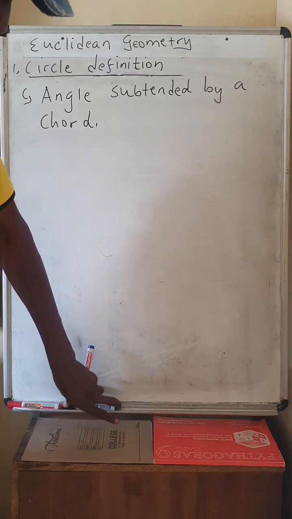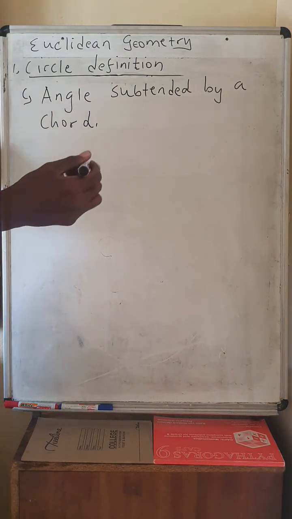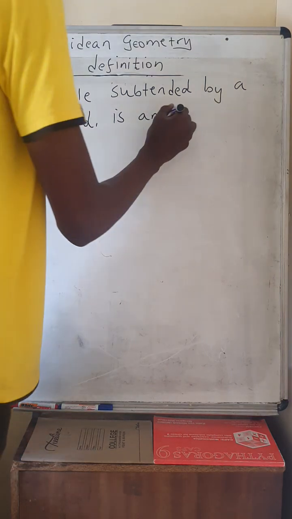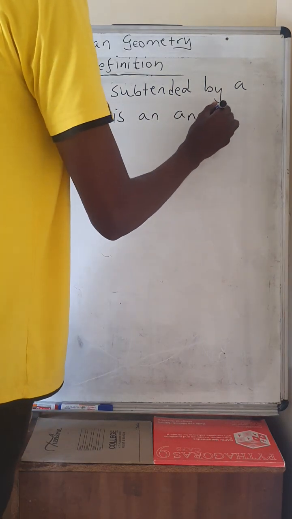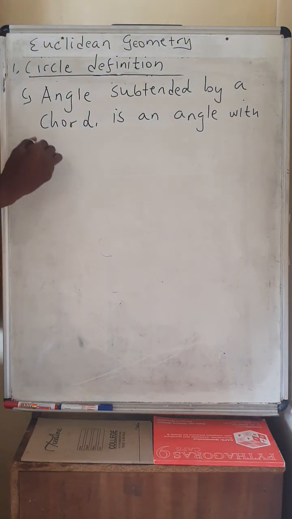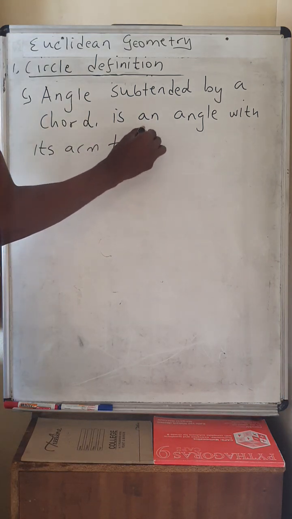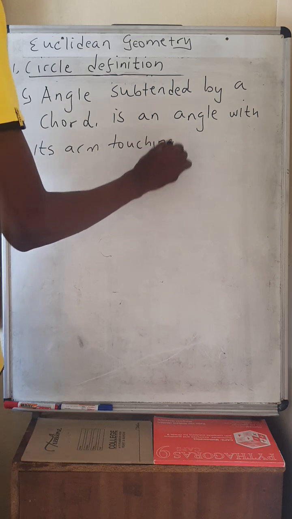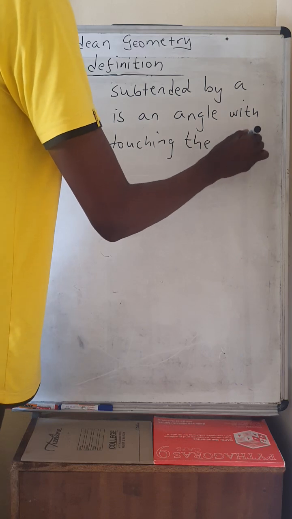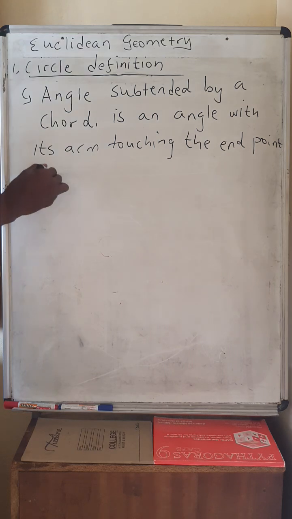An angle subtended by a chord is an angle with its arms touching the end points of a chord.